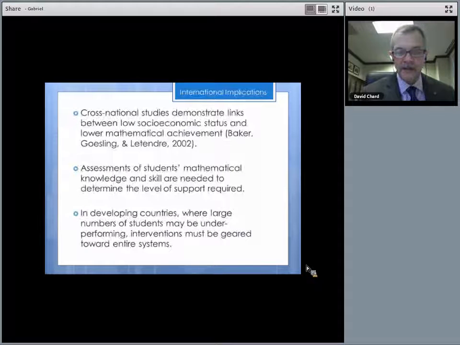And in developing countries, and our observations in Liberia would suggest, we spent some time there about a year and a half ago doing observations, and the Liberian Teacher Training Project has done this over a number of years, has demonstrated that many teachers are not prepared to teach in a way that would really provide students with the kind of proficiency in early math skills that they need. So a systemic intervention is necessary. Next slide.